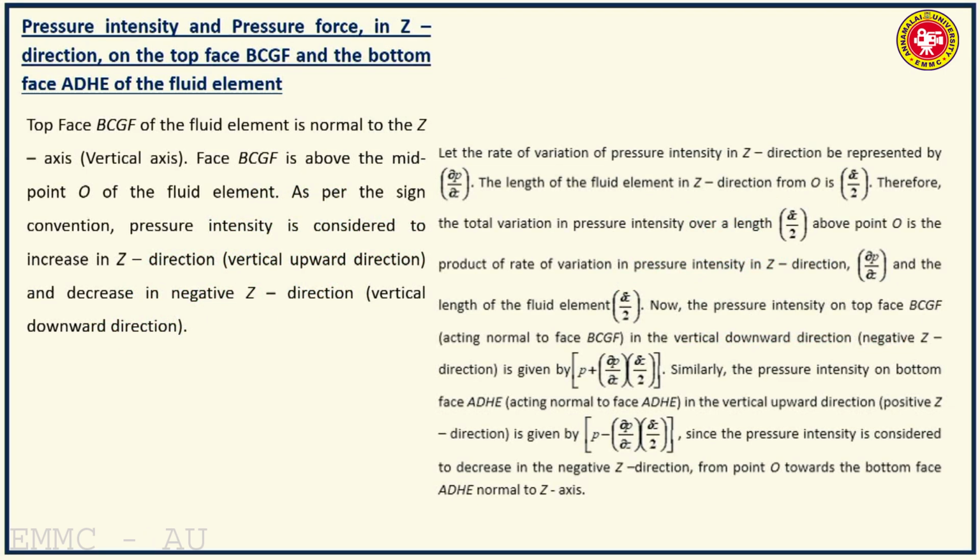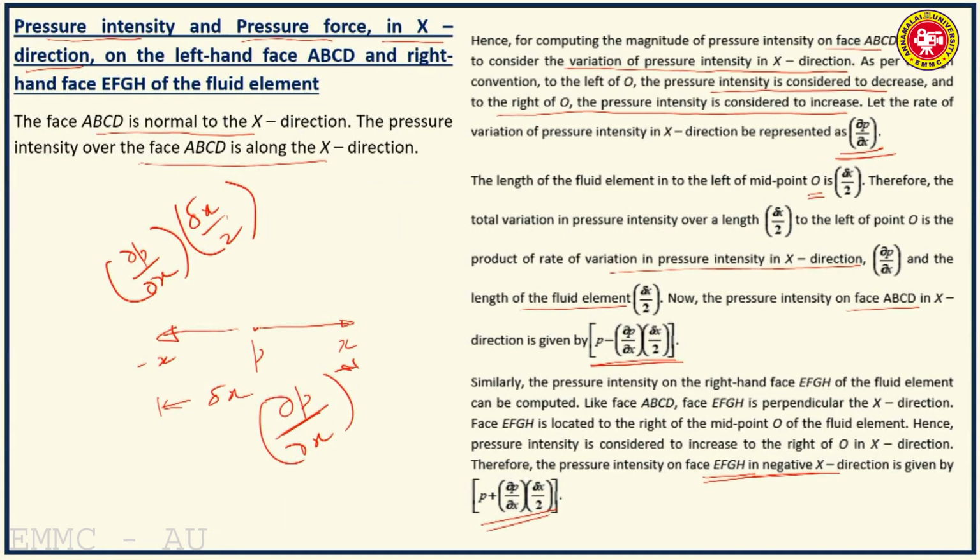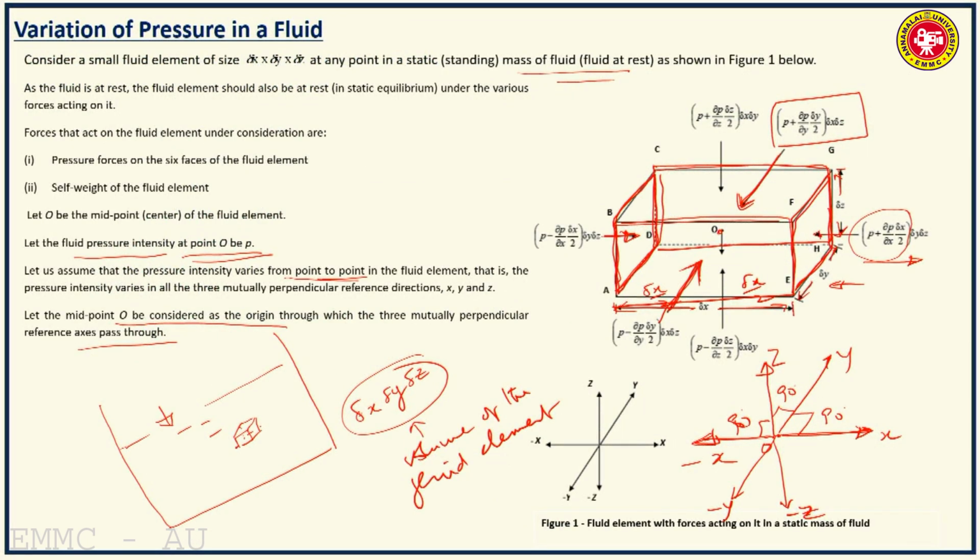So now, on similar lines we have to get the expression for the pressure intensity and pressure force in the Z direction on the top face BCGF and the bottom face ADHE of the fluid element. When you consider the Z direction, that is the vertical direction, you have to consider the two faces, the bottom face, that is ADHE, and then BCGF, the top surface.